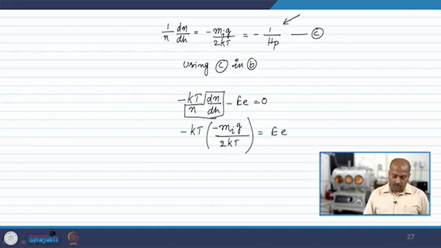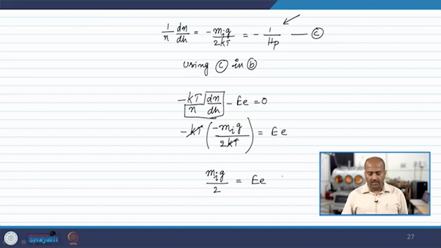I have substituted 1 by n dn by dh here. Cancelling out the things that appear on both sides, we can write Mig by 2 is equal to eE.